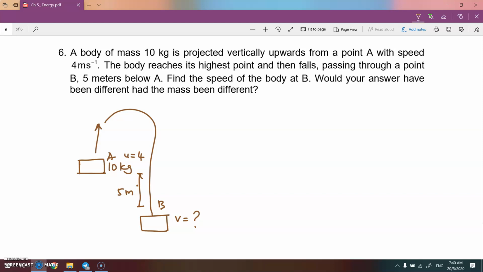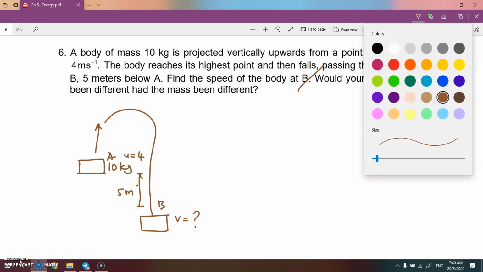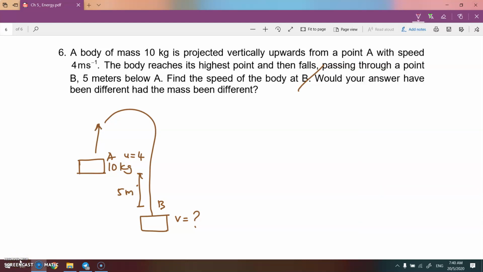Please bear in mind, we're going to find the kinetic and potential energy. It doesn't matter the projectile of the object. We want to look at the position of the object. The same way, the kinetic energy is half mv squared.